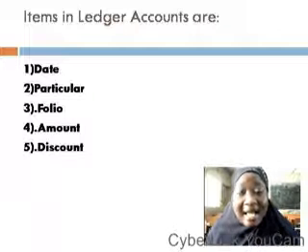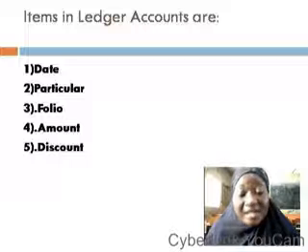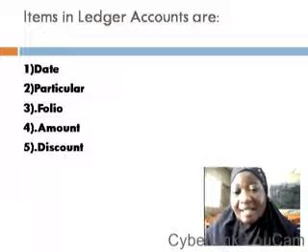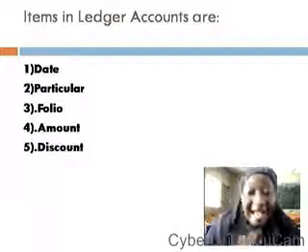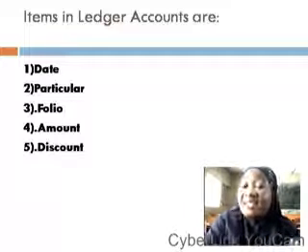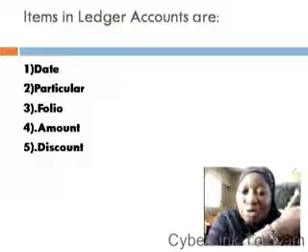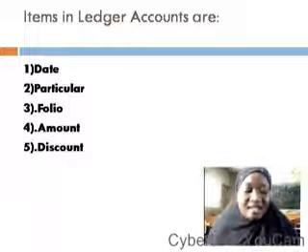Don't forget that I have said you must follow the principle of double entry when you are preparing your ledger account. Anything that is to be at the debit side, you record it at the debit side, under the amount column. Then anything that is supposed to be at the credit side, you record it under the amount column at the credit side.